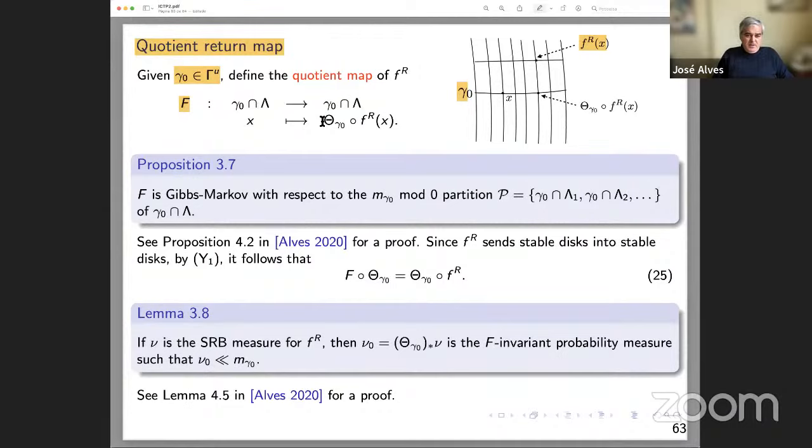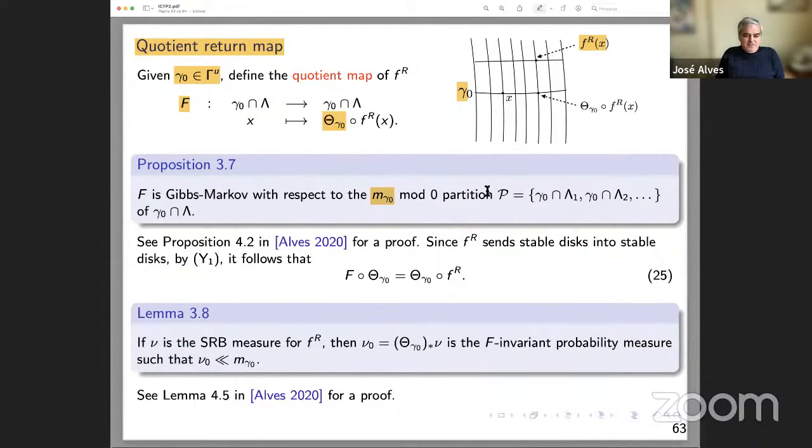Recall that theta gamma 0 is projecting to the leaf, or disk, gamma 0. Having in mind all the properties that we have put for the set with the Young structure, it is not difficult to believe that this map is a Gibbs Markov map. With respect to the reference measure, which is naturally the Lebesgue measure on the disk, and the partition.